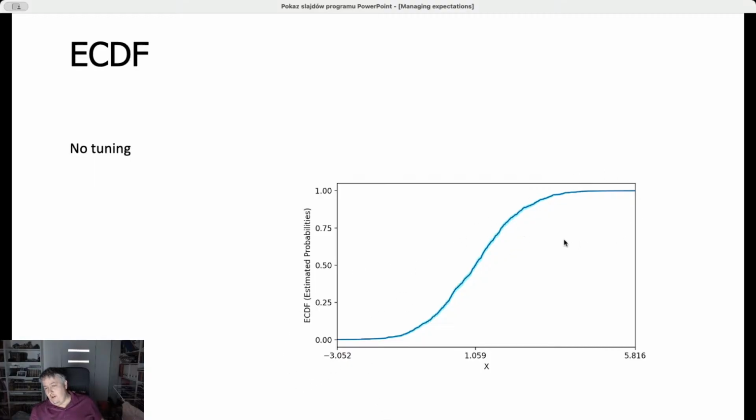What we can see here is that the typical property of the ECDF is that its uncertainty is highest in the middle, because the probability of going below the minimum value is always 0, and going above the maximum value is also always 0 in this context. And when we are inside, all those estimates come from the uncertainty of the interval from here to here. So depending on the interval, those values will change.